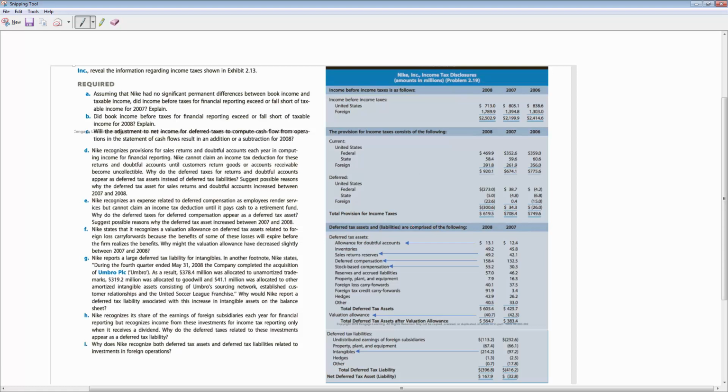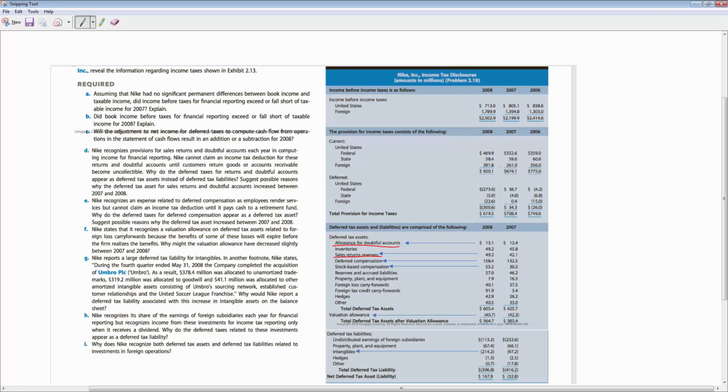Basically, we also find these two items here: one is this one, the other is the return. They are both reported in the deferred tax assets part, which is consistent with our expectation.